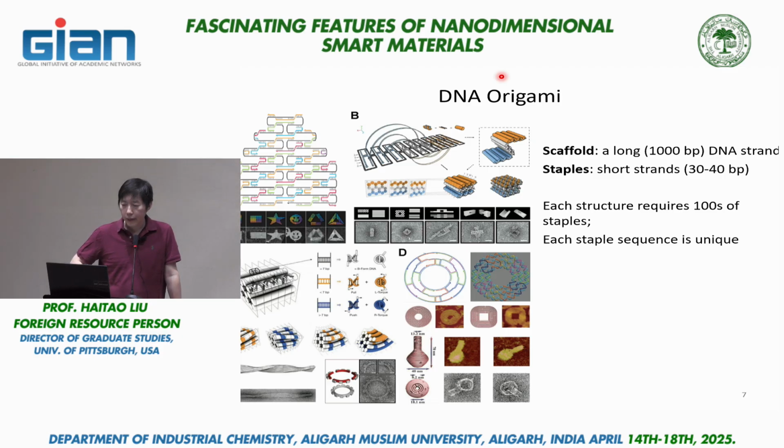This scientist at Caltech, his name is Paul Rothemund. He developed a very different idea, and his concept is taking the hint from origami, which is the folding of paper, and he took it into the nanoscale world, thinking about folding of the DNA strand.